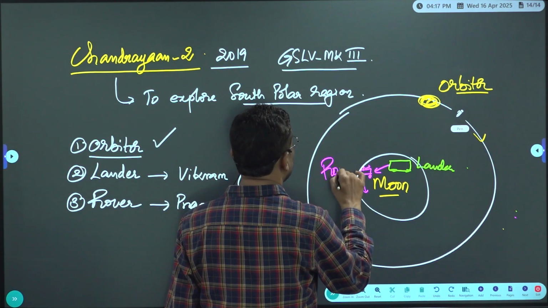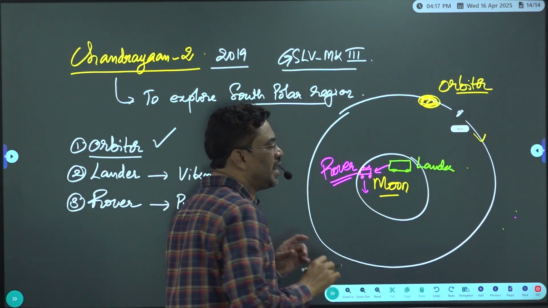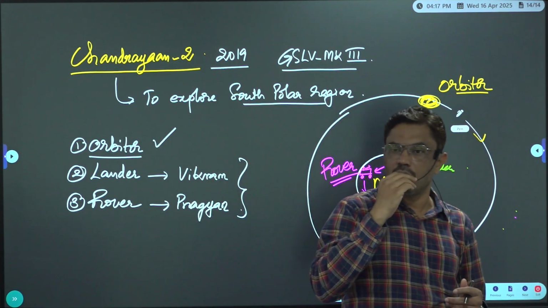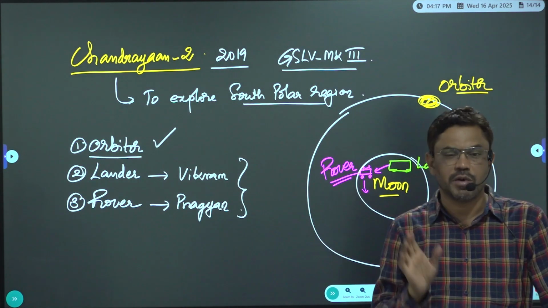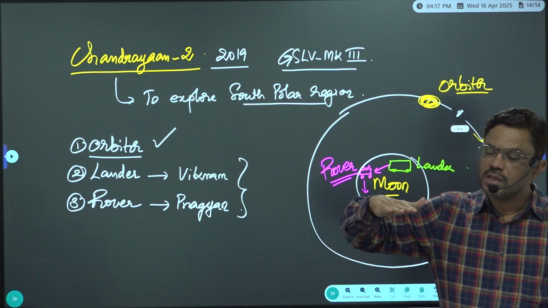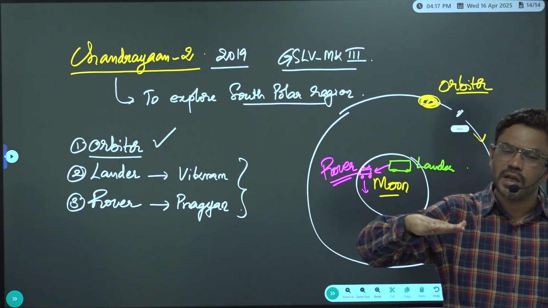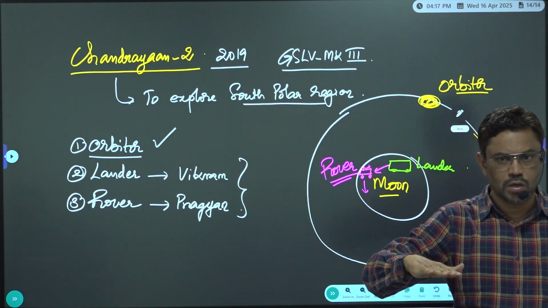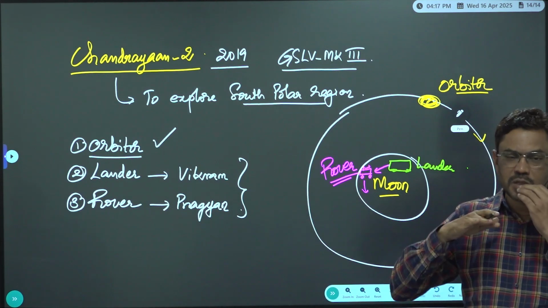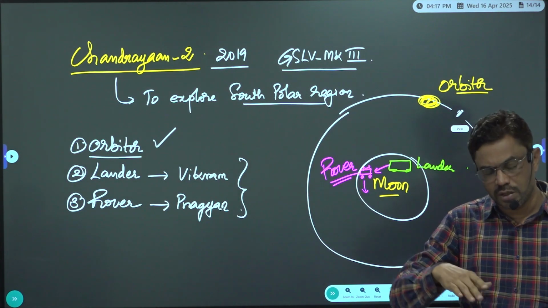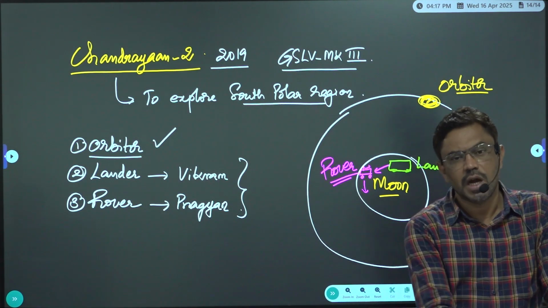That means the orbiter module is orbiting in the moon's orbit, whereas the lander safely lands on the surface of the moon, whereas the rover separates from the lander and creeps on the surface for a short distance and observes the moon's surface features.